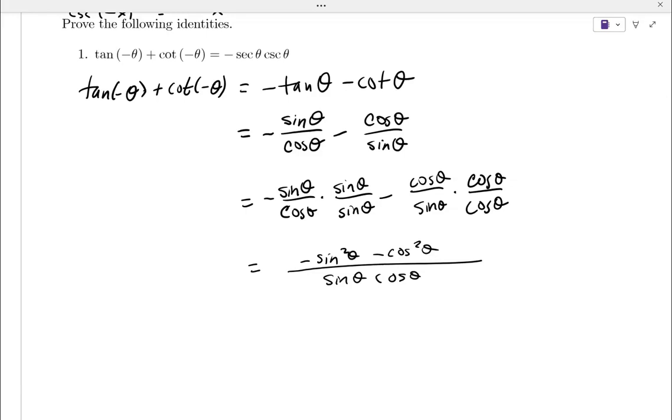Agreed? What can you factor out of the top? So I need to do one more thing before I make it equal to 1. You're right. What can I factor out of the top? -1? Good. Factor out the negative. We get sine squared theta plus cosine squared theta, and that should be one that you recognize immediately, right?